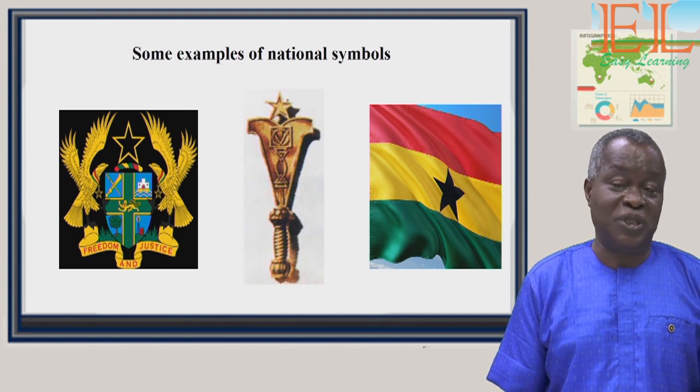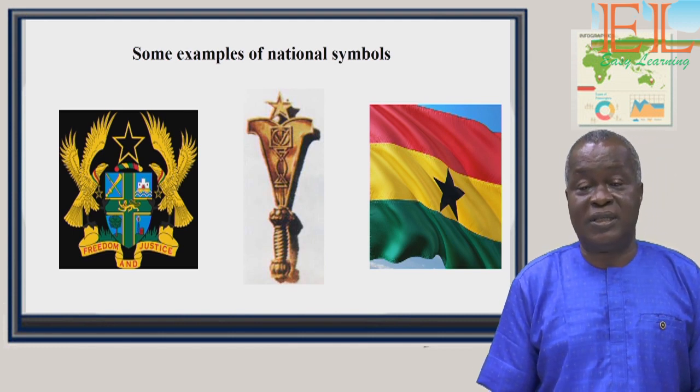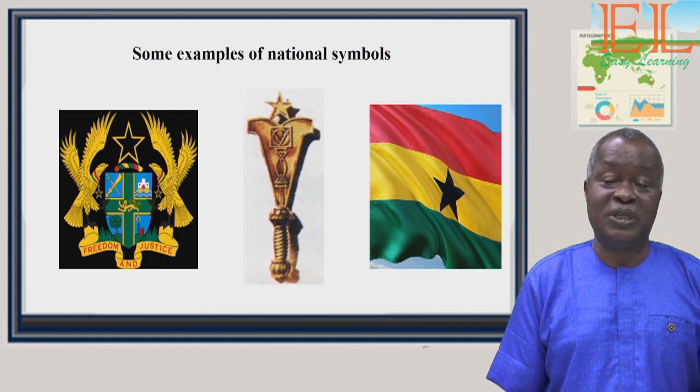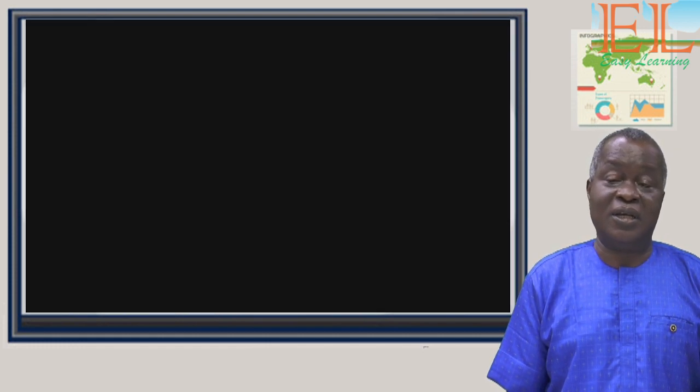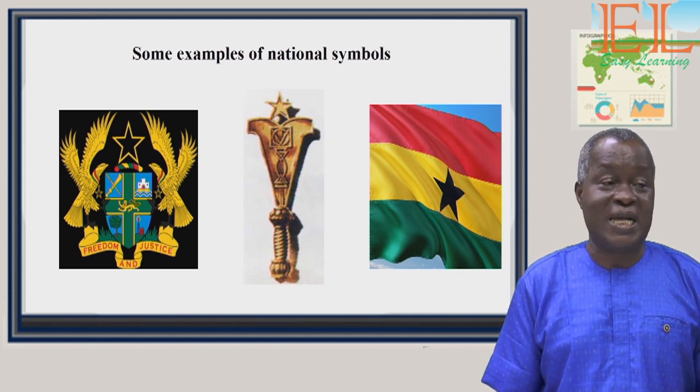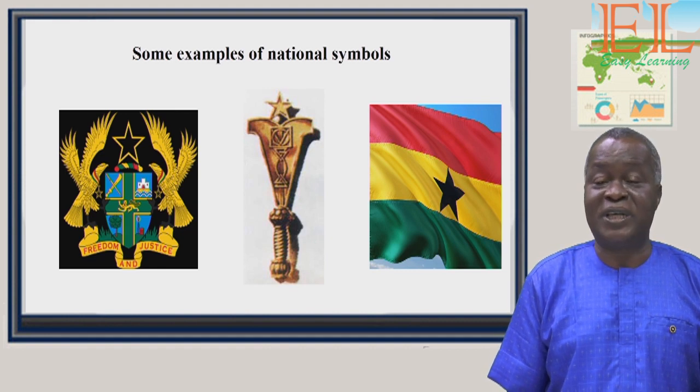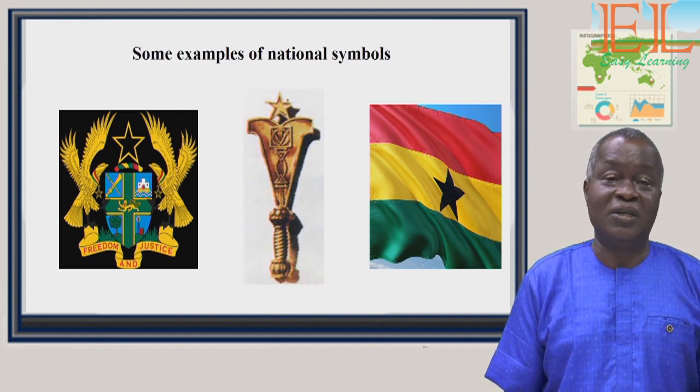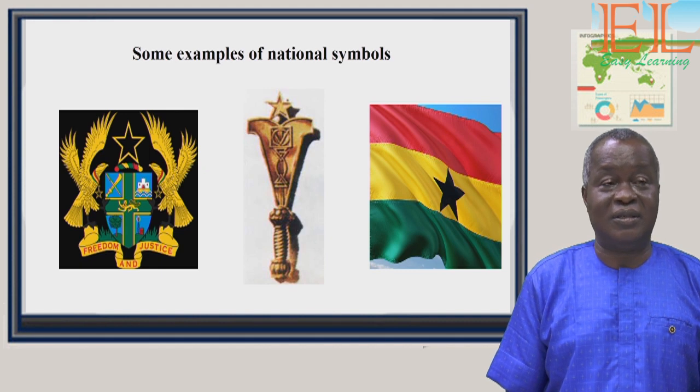I'm sure you'll be able to tell us what the colors of the Ghana flag stand for. The red represents the blood that our forefathers spilled in order to get the nation for us.